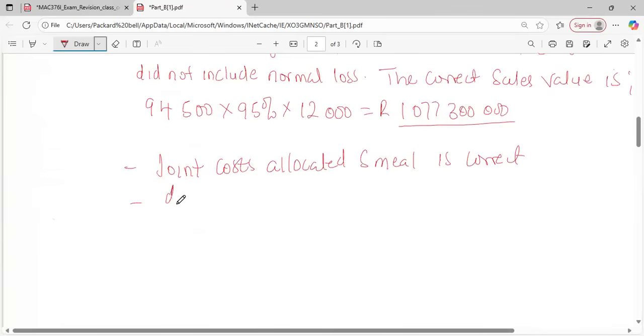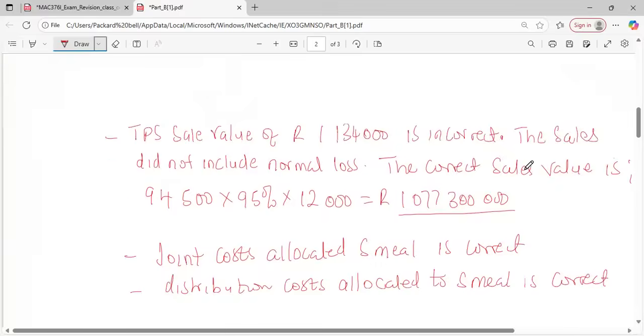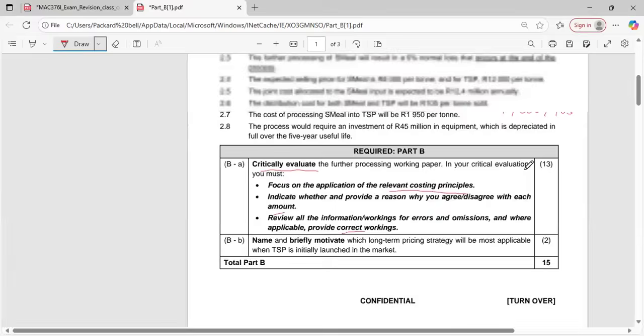So distribution cost allocated to... right. So let's go to the distribution cost allocated to TSP.